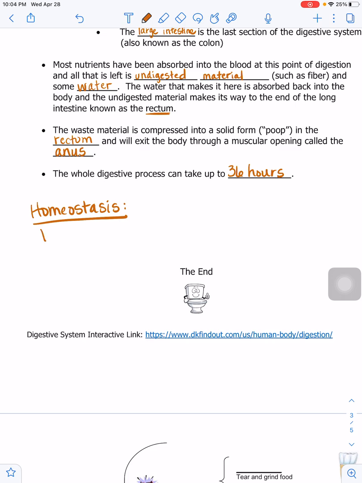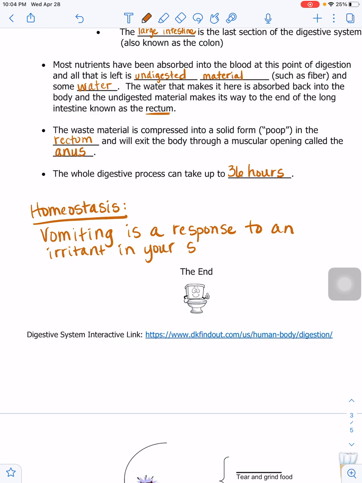So vomiting, when you throw up, is a response to an irritant in your stomach. And it helps you get back into homeostasis.